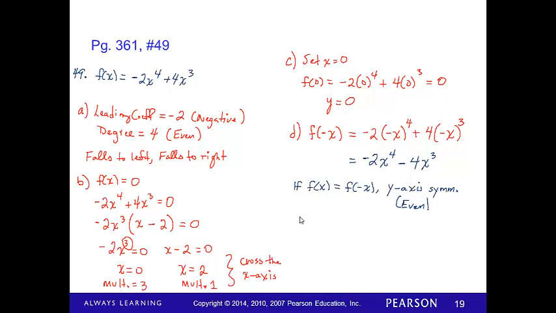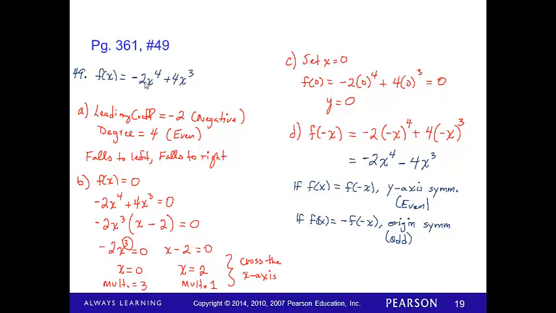If f of x would have been equal to the negative f of negative x, then you would have had origin symmetry, which means it's really just an odd function.